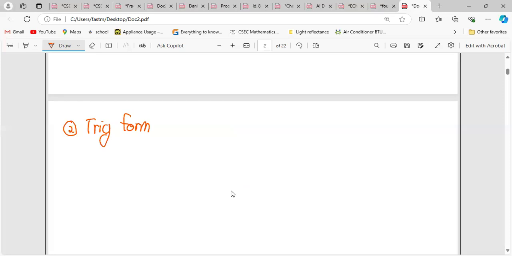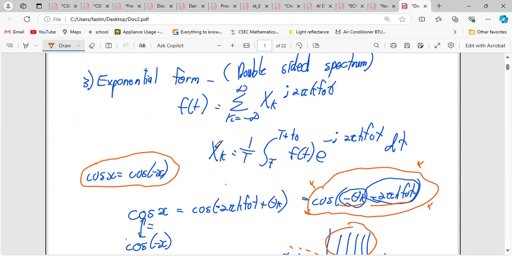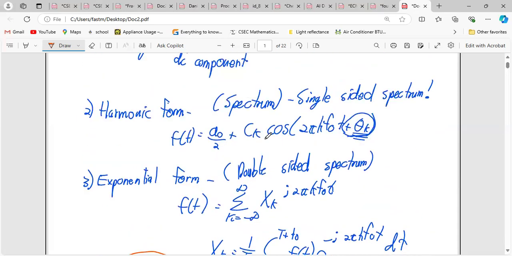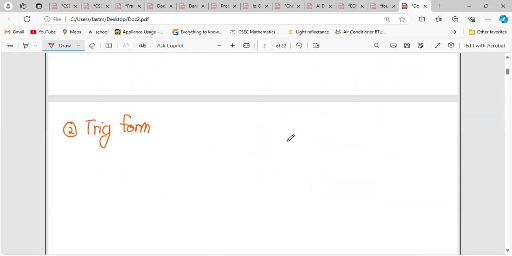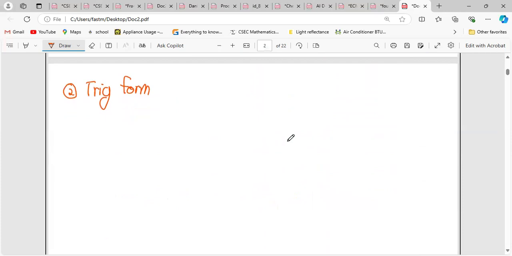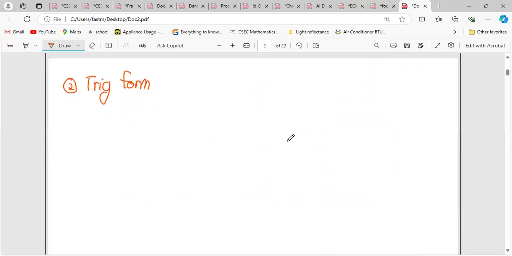So the easiest way to get everything in terms of cos is to express it in the harmonic form, because the harmonic form is only in terms of cos. So the first proof that you need to know, and it will come in your midterm, and if you look at the tutorial, there's one of the questions that you need to do to go from the trigonometric form to the harmonic form.